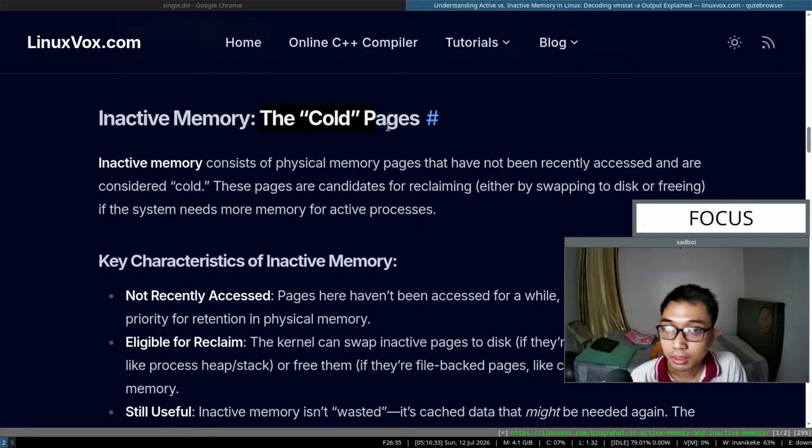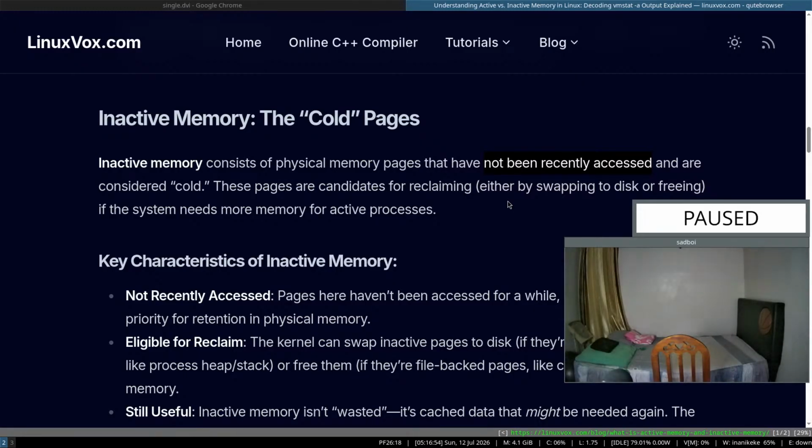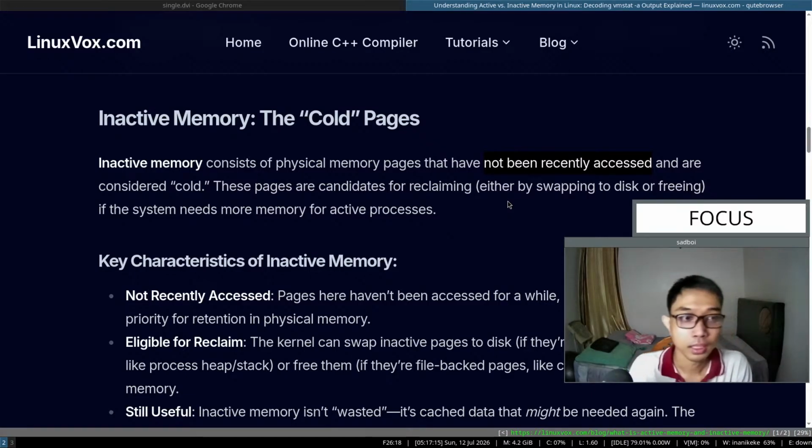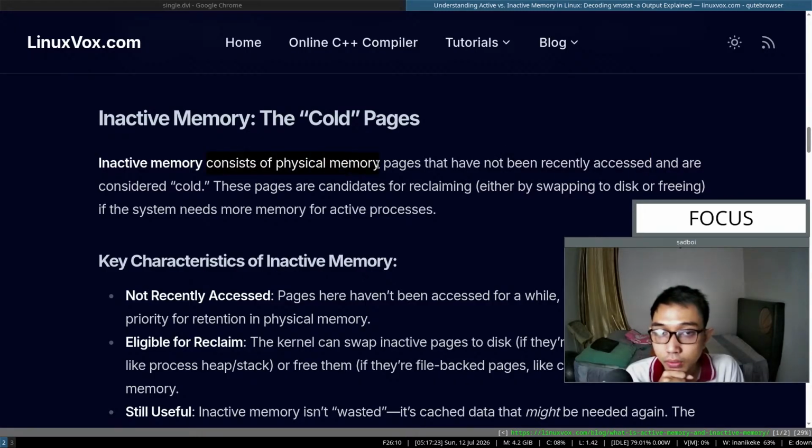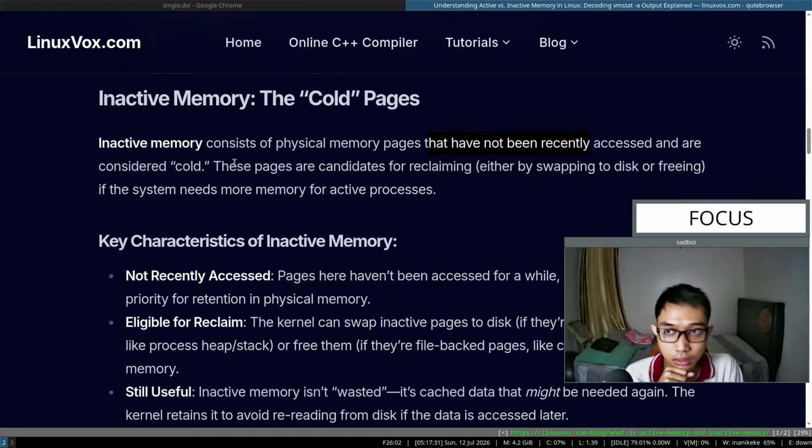Inactive memory consists of physical memory pages that have not been recently accessed and are considered cold.